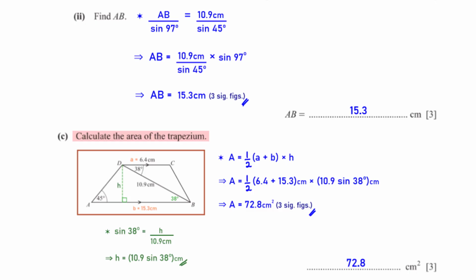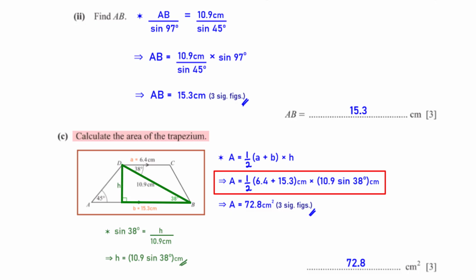Calculate the area of the trapezium. Here is the formula for the area of a trapezium. A plus B, which is the sum of the parallel sides of the trapezium, is 6.4 plus 15.3 centimeters. We need to find H. To get H, we apply SOHCAHTOA.